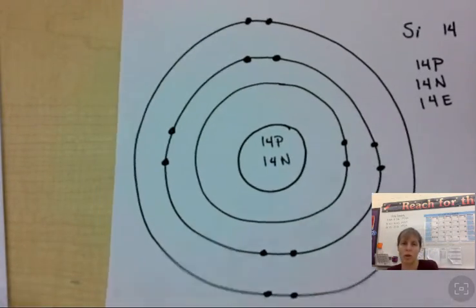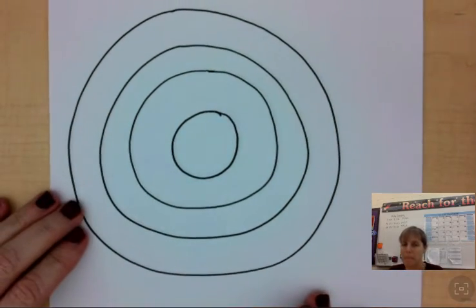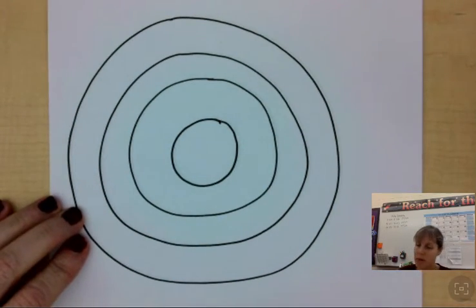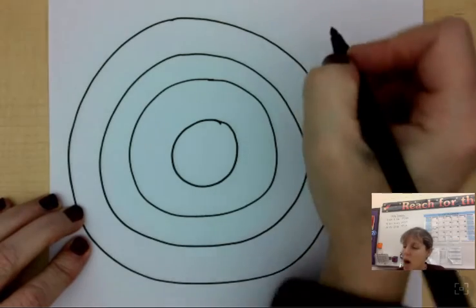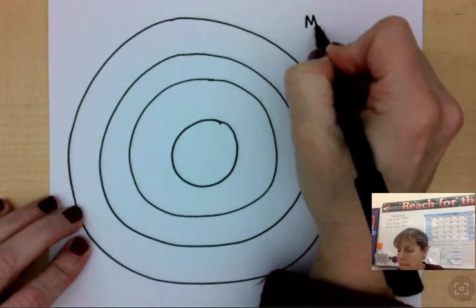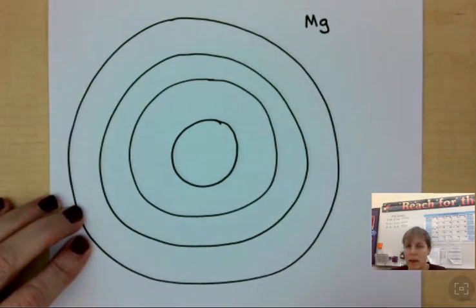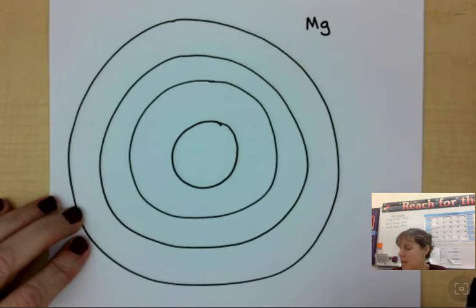I'll give you a minute to draw some circles. Let's see how well we do. Let's draw magnesium today. Magnesium is symbolized with Mg. Magnesium's atomic number is 12.